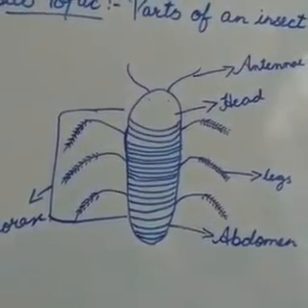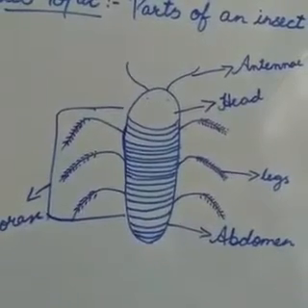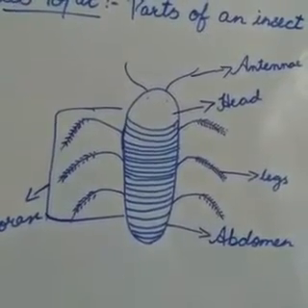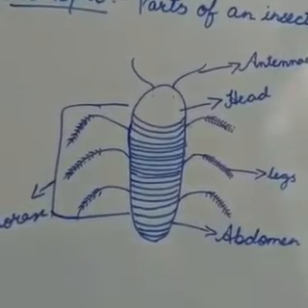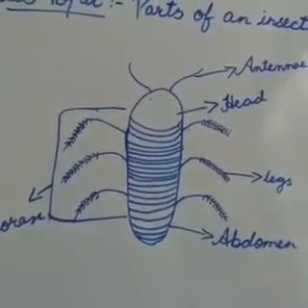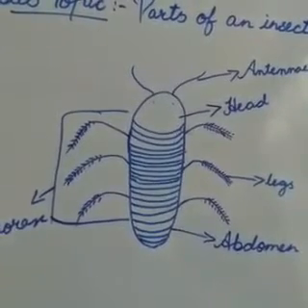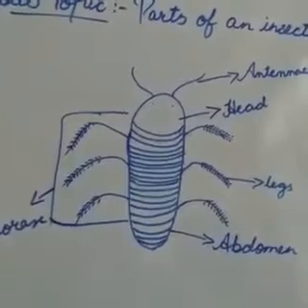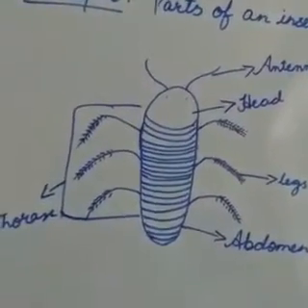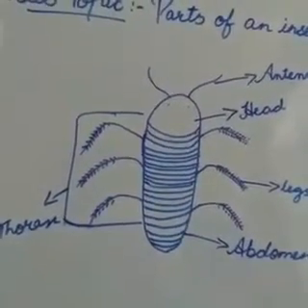Insects are called invertebrates. That is, they do not have backbone or any bone. Those animals or creatures who do not have backbone are called invertebrates. Insects do not have backbone, neither do they have any other bone.